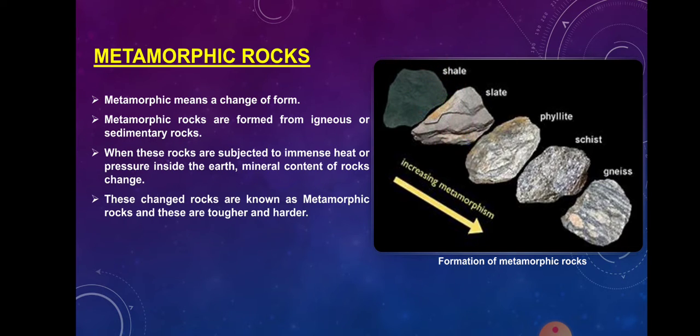The pressure created on this shale causes the formation of gneiss, a metamorphic rock. These changed rocks are known as metamorphic rocks, and they are tougher and harder, whereas shale is a very smooth sedimentary rock, finally changed into a hard gneiss rock, which is a metamorphic rock.